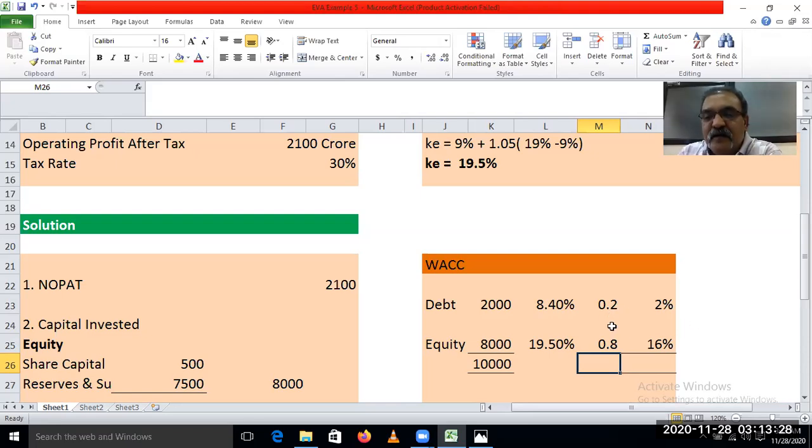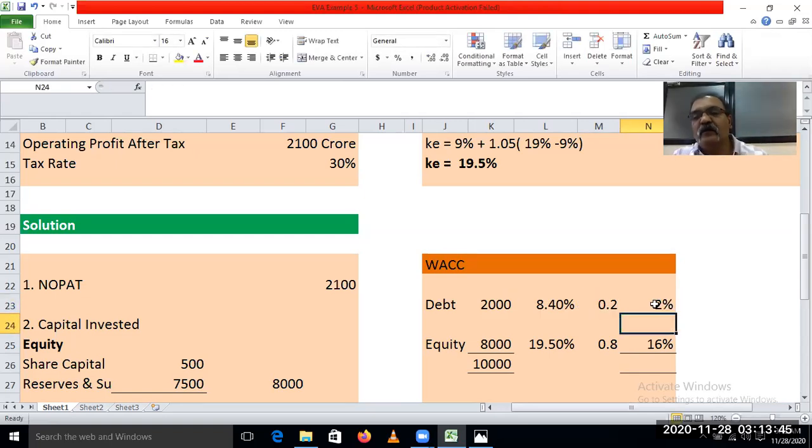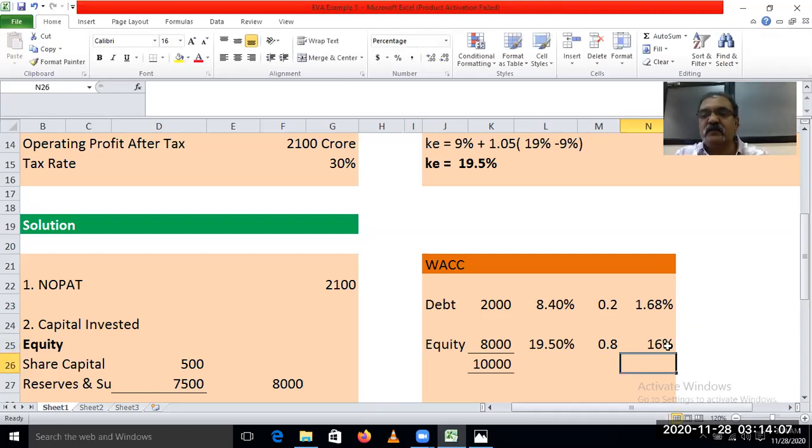Now the third one is weighted cost. As I have given the formula directly, I have got this answer directly. It is 8.4% into 0.2, which is about 2% rounded up. When we take two decimals, it comes to 1.68%. Now 19.5% into 0.8 is about 16% rounded up.